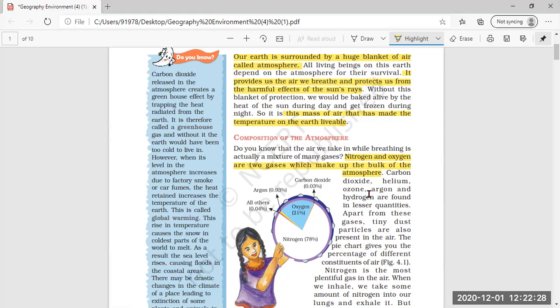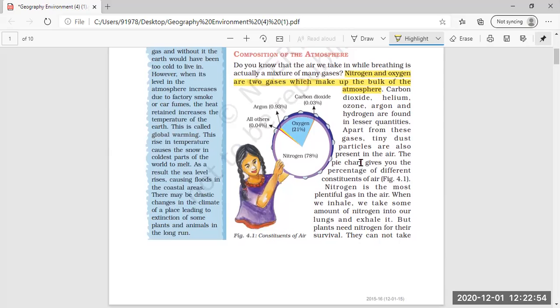Then other gases present in the atmosphere apart from nitrogen and oxygen are carbon dioxide, helium, ozone, argon, and hydrogen, which are found in lesser quantities.